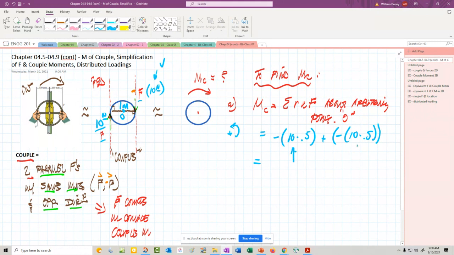This is the one on this side, at that distance. They're both trying to go in a negative direction. So this would give me negative 10 Newton meters, or 10 Newton meters clockwise, and draw it like that.